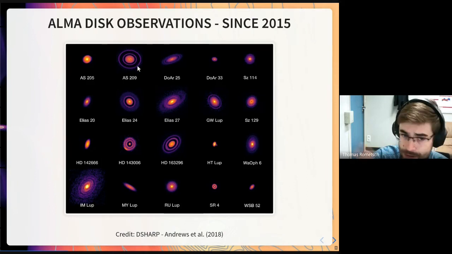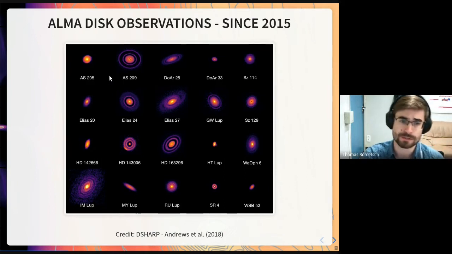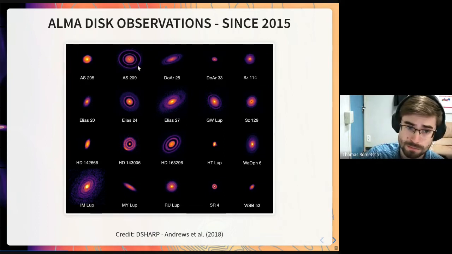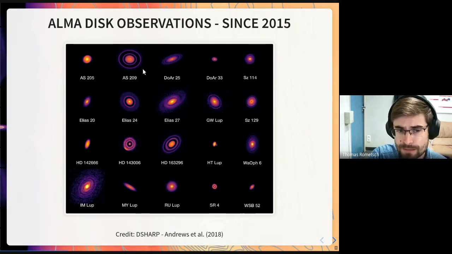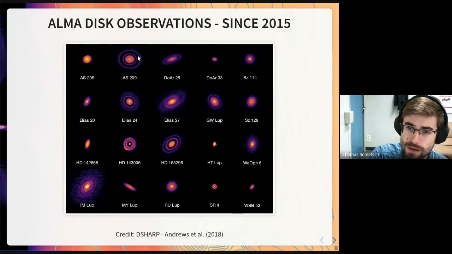There have been many observations since, and substructure is in many of the disks observed. Some are quite smooth, but most have substructure. The first part of my PhD was indeed to study how accretion happens through these disks with gaps, so you can actually accrete material over such a planetary gap.